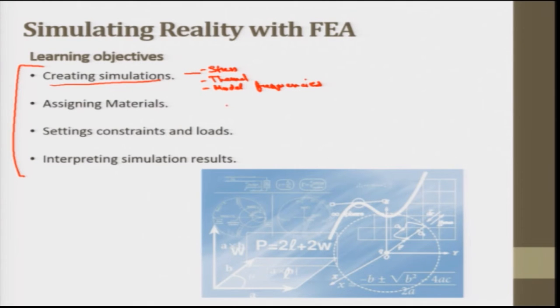Then we can have static and dynamic stress, where dynamic means kinematic. Then we can have thermal and thermal stresses. Then maybe shape optimization, that is, what exactly should be the shape of the object that we are trying to produce. Then structural buckling, if it is there.